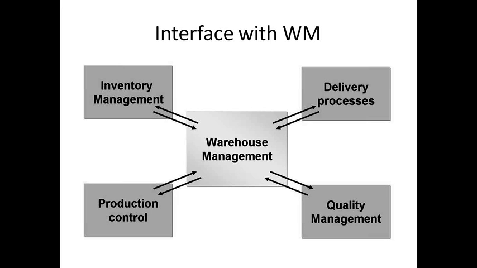And the interfaces with the WM. Warehouse management is mainly interfaced with these four modules. One is inventory management, which is MM scope, and delivery processes, which is SD scope. One is production control, which is the production planning module, and quality management.